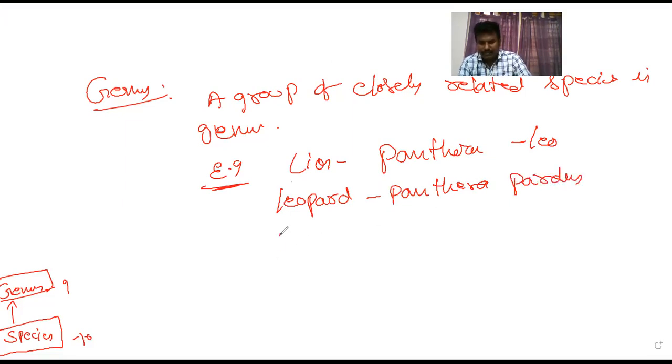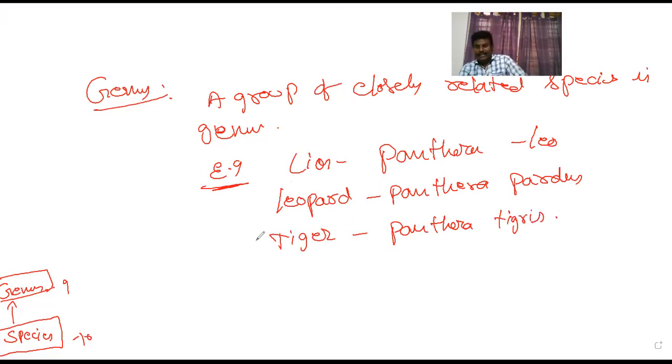The scientific name of tiger is Panthera tigris. So these three, leo, pardus, tigris, are different species, but belong to the same genus, Panthera. Genus Panthera differs from another genus, Felis, which includes cats.